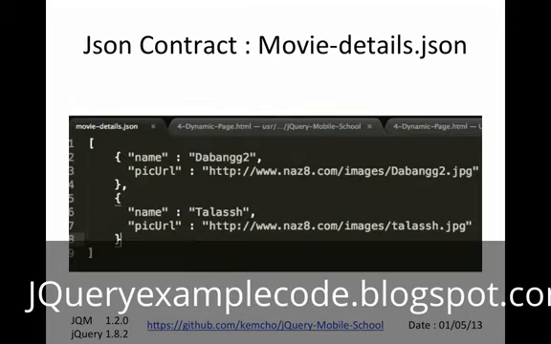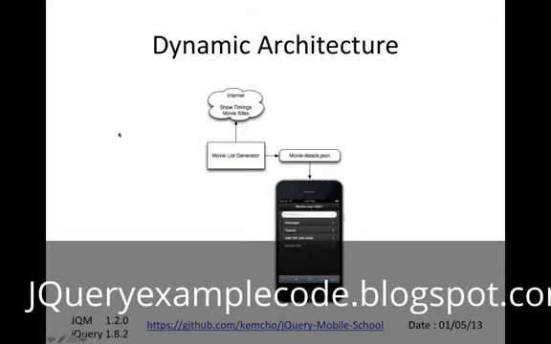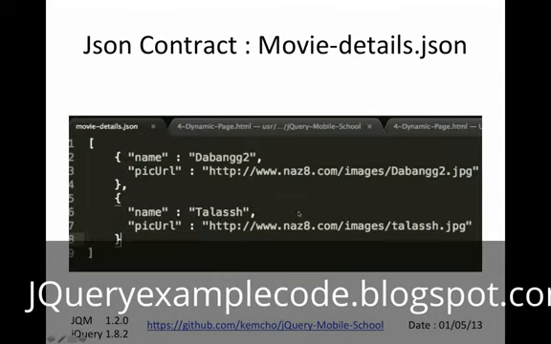And then we also create this new file called moviedetails.json. That's the file that we showed here. That's the file which has all the dynamic data this app can ever read. So we're going to extract the name of the movie and the picture URL of that movie into this dynamic file. It's a JSON file.